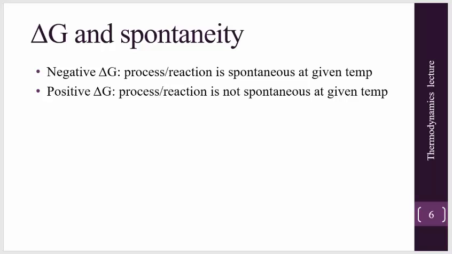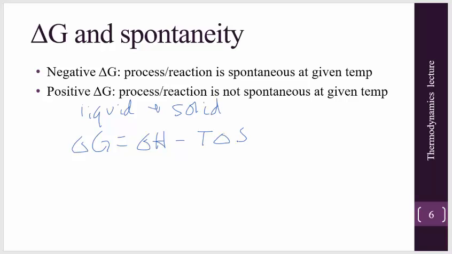So let's go back to our water freezing example. Liquid going to solid. And using our free energy equation, we don't have any specific numbers here, but we know the signs for a change in enthalpy, which was negative, and also the change in entropy, which was negative.